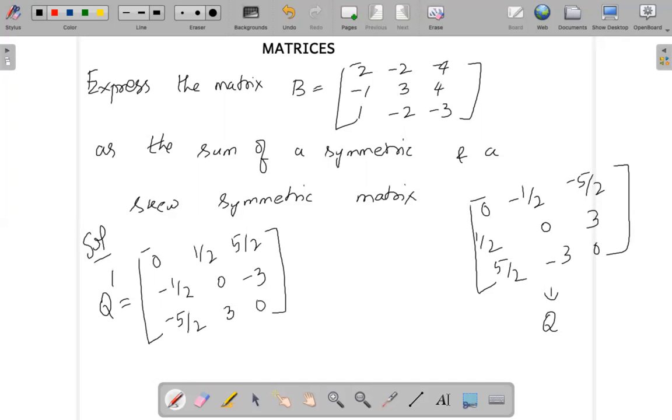Now we got what is Q prime and what is Q. In a skew symmetric matrix, Q prime should be equal to minus Q, right? So we got this.